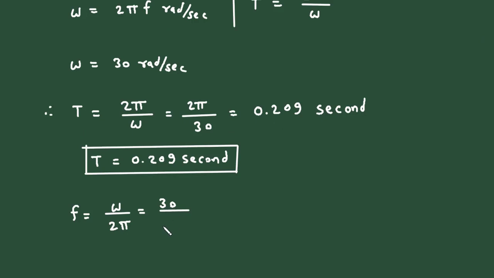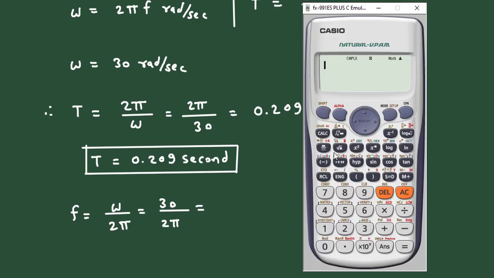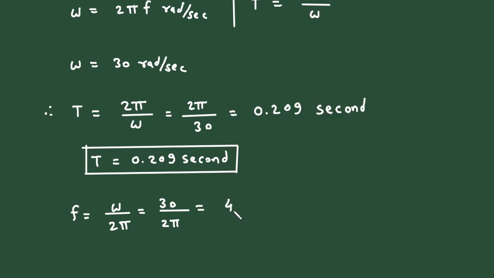So 30 divided by 2 pi, it is equal to 4.77, and the unit of frequency is hertz. So therefore f is equal to 4.77 hertz.